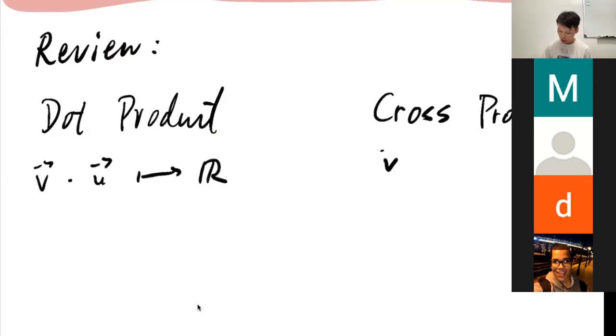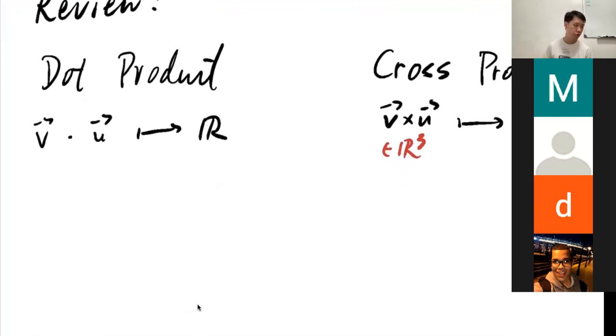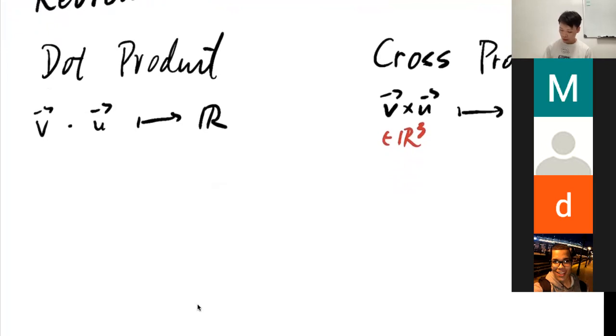Right? But the cross product gives you another vector in R3. So these two are from R3, and they return another vector in R3. They have certain algebraic properties that you can use, right?